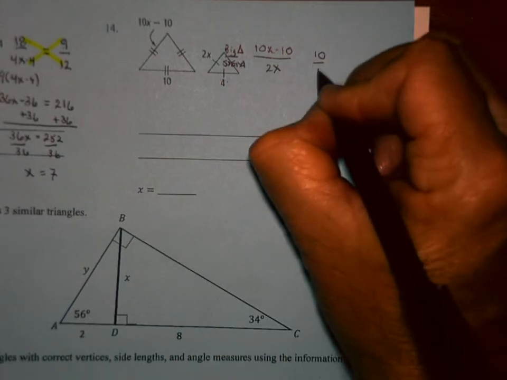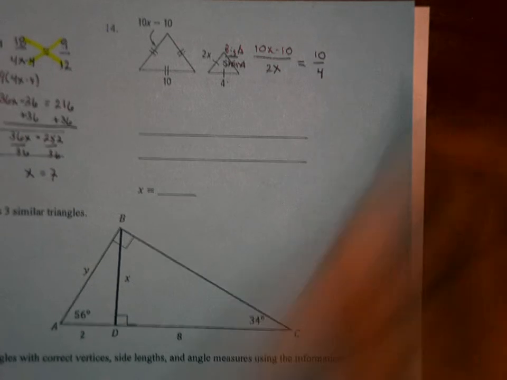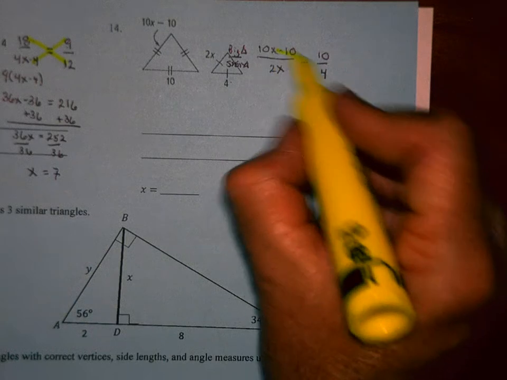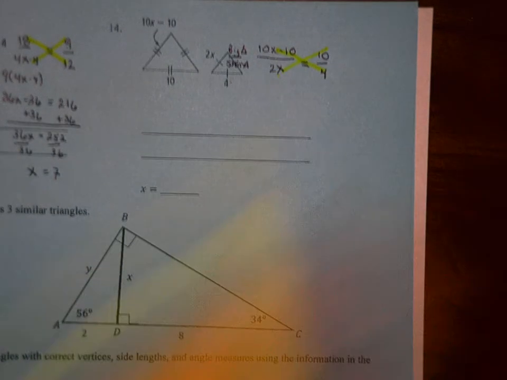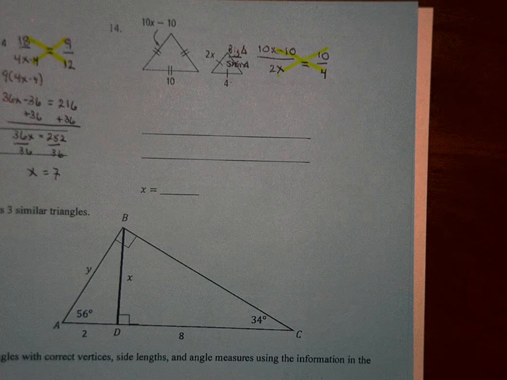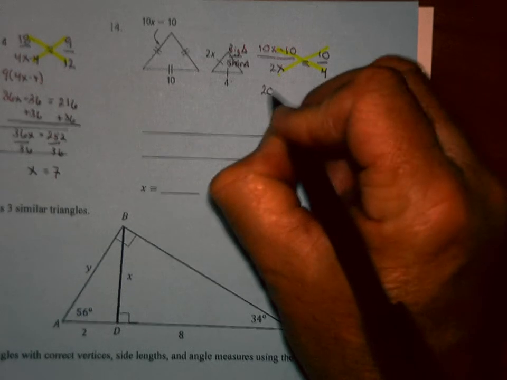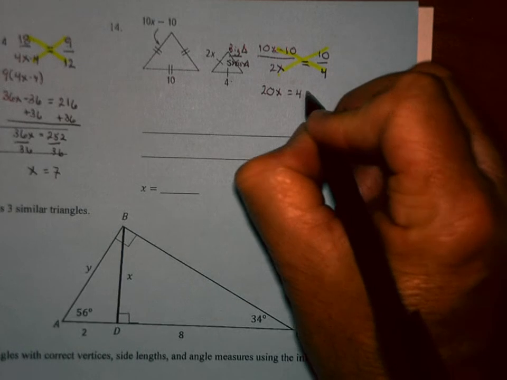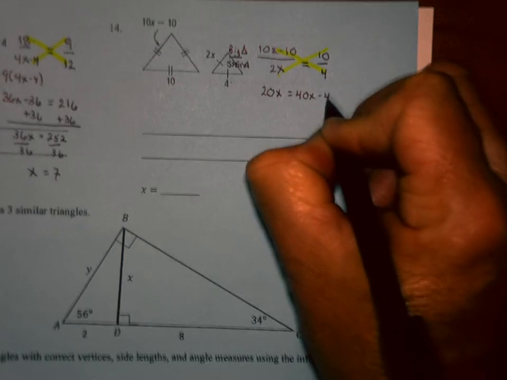To solve for x, I set them equal and cross multiply. Same idea here. 2x times 10 is 20x. 4 times 10x minus 10 is 40x minus 40. Remember, you have to distribute the 4.